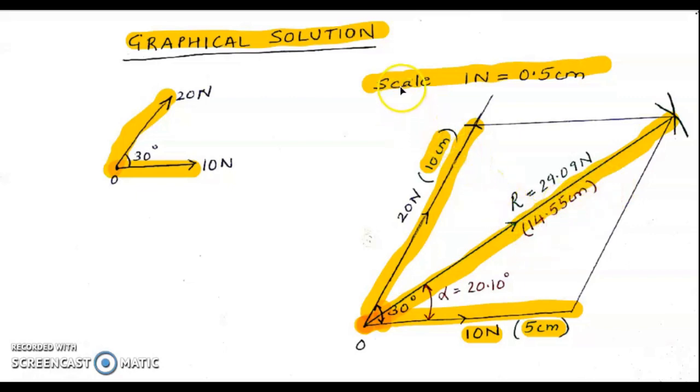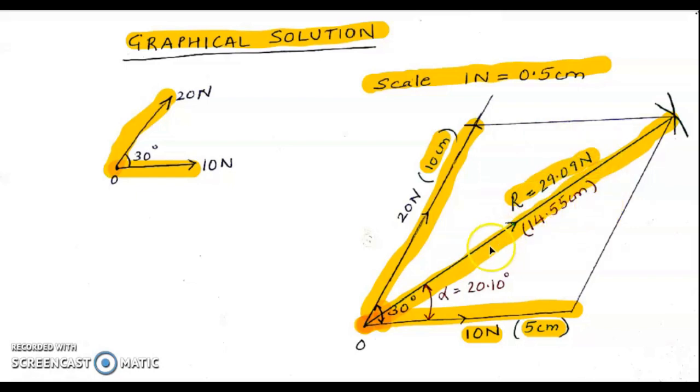Using my scale, I'll have to convert that into Newton. If 1 Newton is 0.5 centimeter, how much will 14.55 centimeter be? If I do the calculation, I get the resultant to be 29.09 Newton. So I have got my resultant in terms of magnitude.